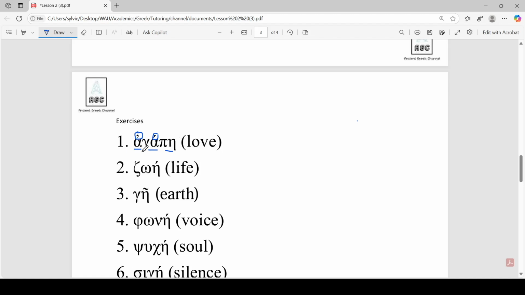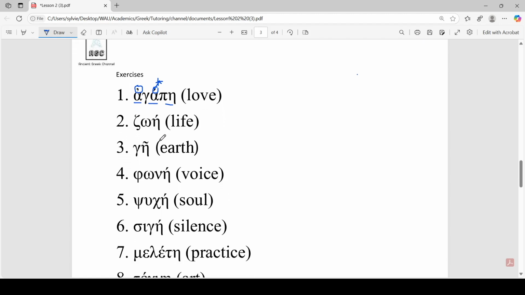So the right pronunciation of this word will be what? Well, it will be agape. Okay? So this is the accented syllable here. Good.